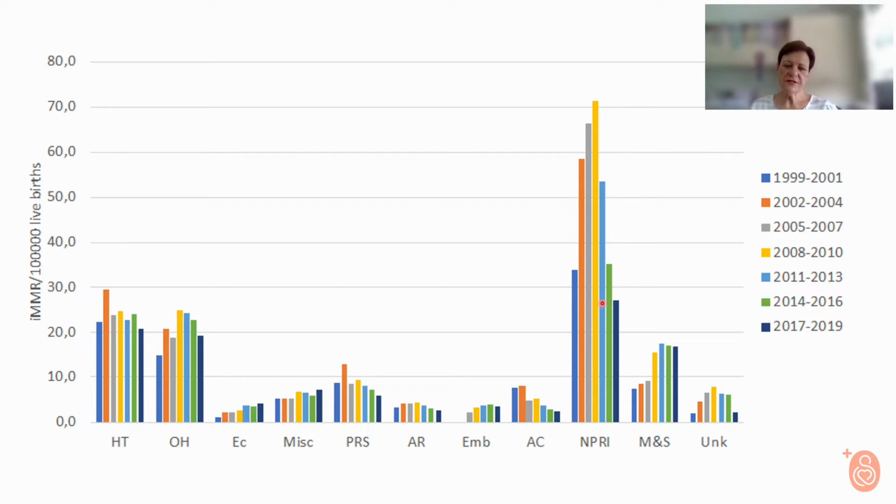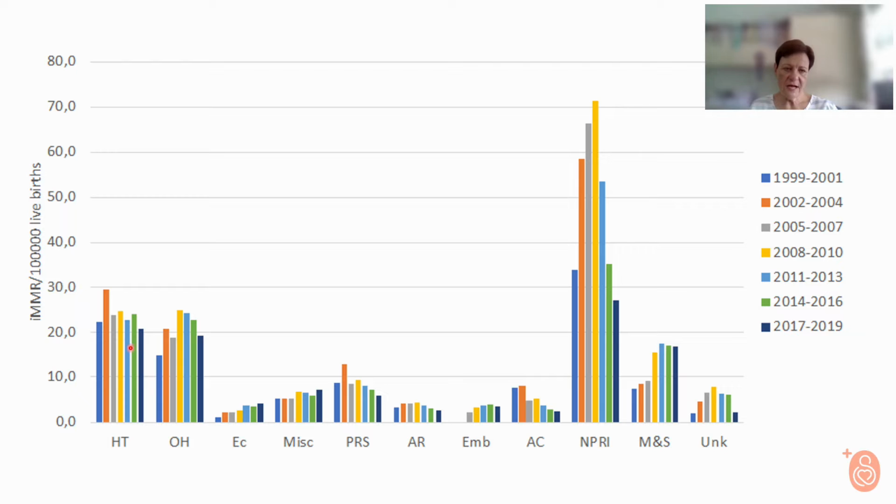The biggest reason for that, just for interest's sake, is the introduction of ARV medication during pregnancy for the mothers who are HIV positive, and that has decreased the numbers so much. Here you can see hypertension stayed more or less stable over the years, which is not a good thing.